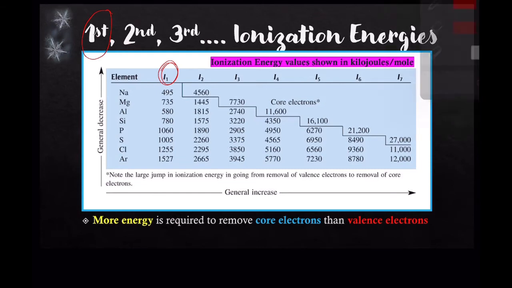So the second ionization energy is shown here. I'm color coding it for you in green, and the third ionization energy is shown here in blue. And then it continues on to show you the fourth all the way through the seventh ionization energies for each of these elements. So let's take a look at what this actually means.